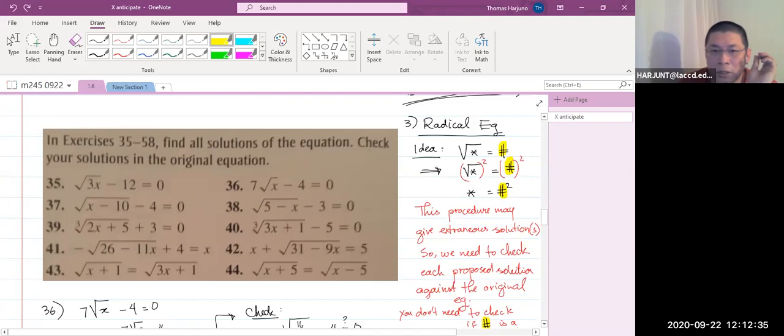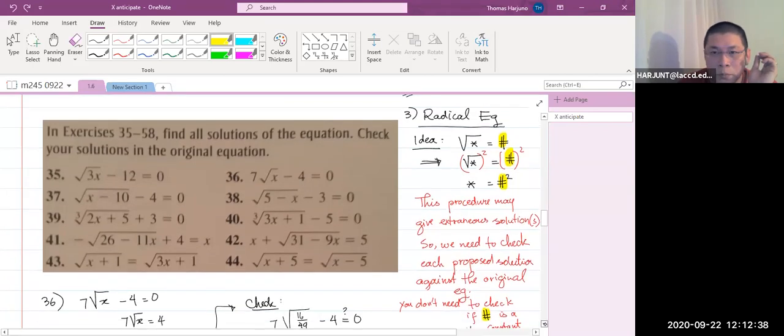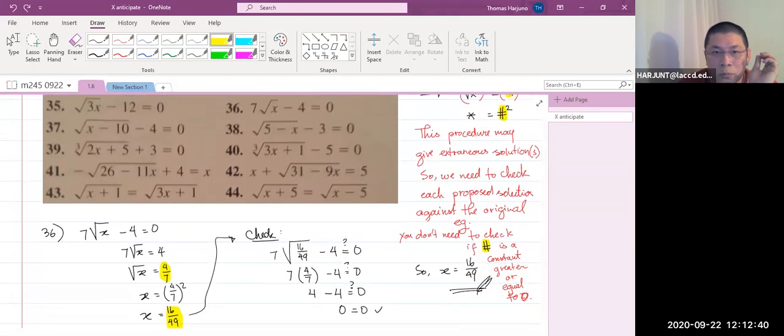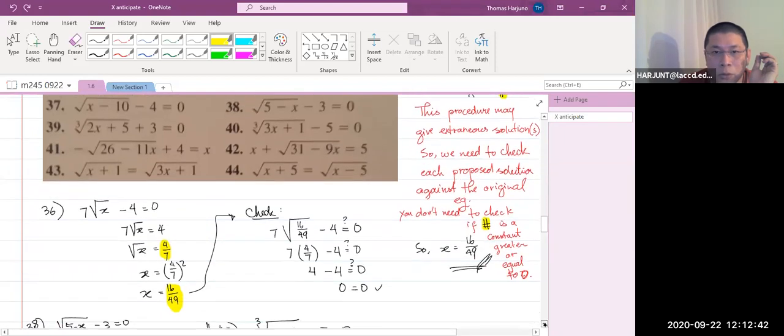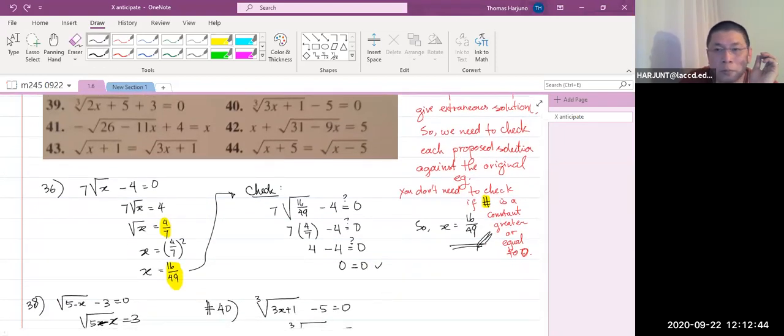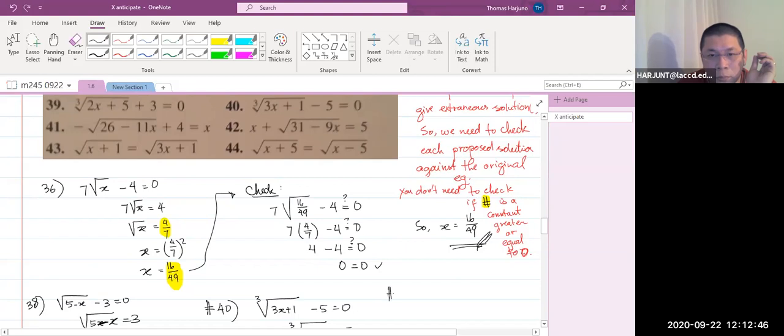Okay, now let's see number 42. Number 42, write it here. X plus square root of 31 minus 9x equals 5.